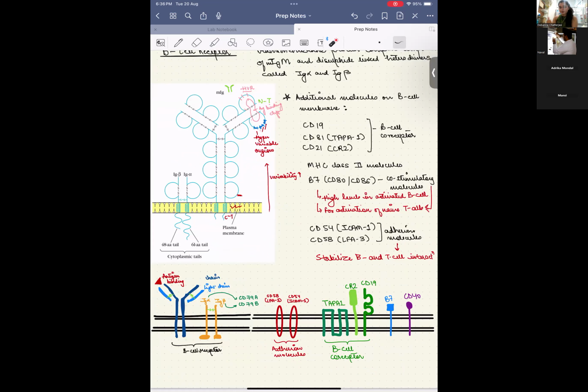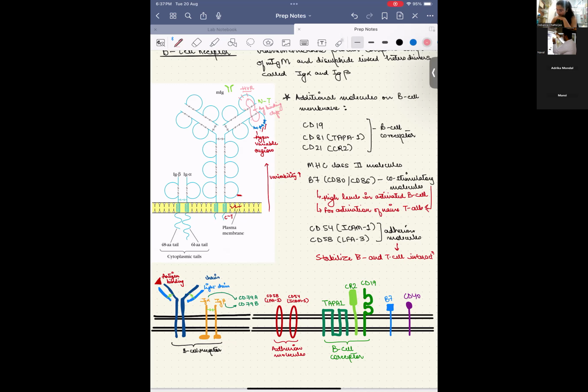A B cell receptor is a complex of the membrane bound immunoglobulin, and Ig alpha and Ig beta. Along with that, we have something called CD19. The role of CD19 is that it facilitates the binding of antigen to this immunoglobulin molecule. I might show you a diagram for you to visualize how that is happening.